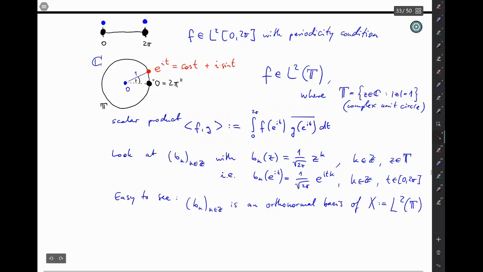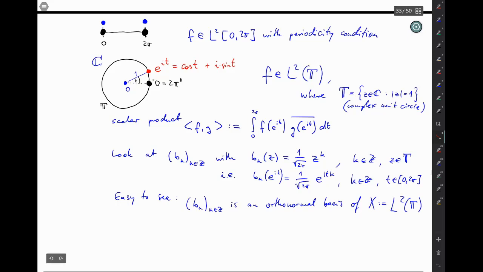Then each one has norm 1, so you're putting b_k in the scalar product with itself, and because you do the scaling exactly right, you get 1, which means they are orthogonal and normal. Okay, and the fact that they are a Schauder basis is a bit more difficult to show, but yeah.